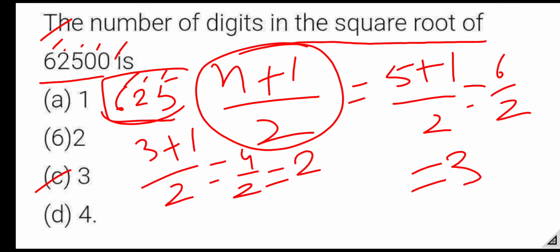Now the square root of 625 is equal to 25. How many digits are in this? 2, which is equal to this. So in this way we can find the number of digits in the square root of any number by using this formula.